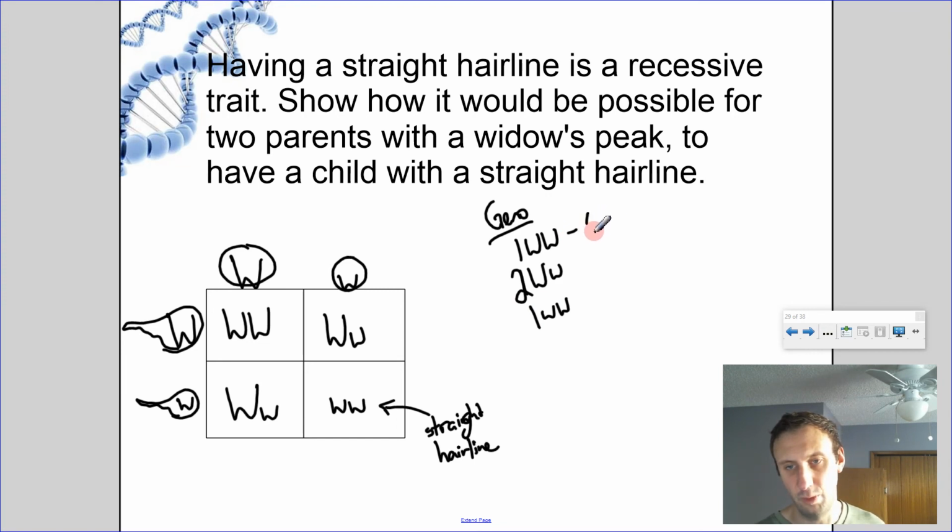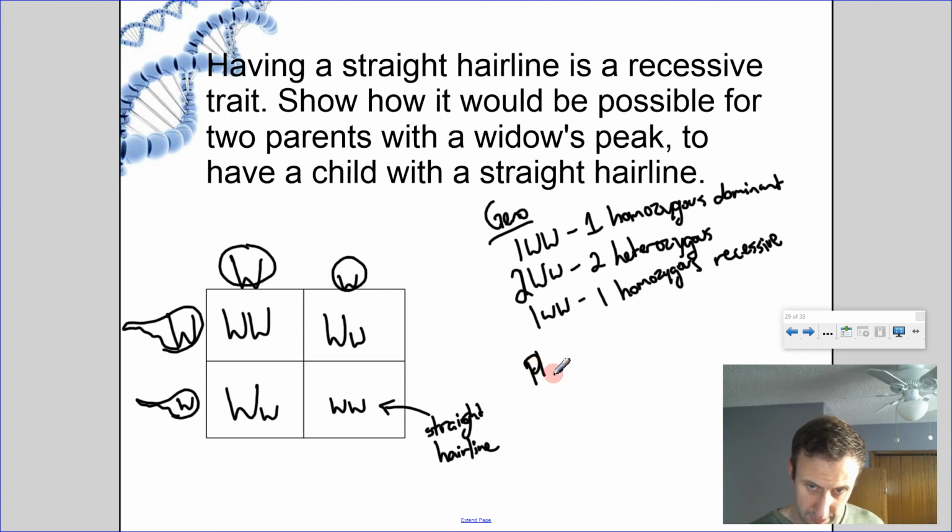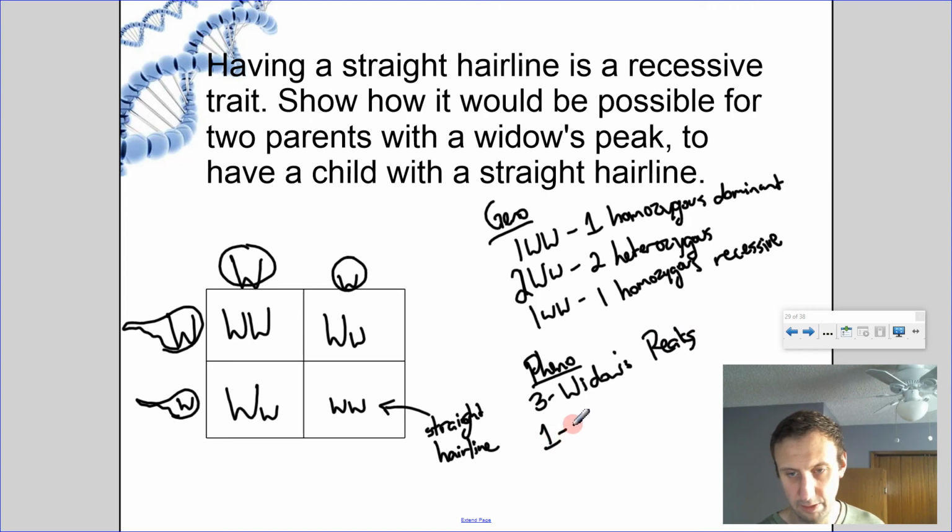So I have one homozygous dominant, two heterozygous, and one homozygous recessive. For phenotypes, that means that I have three widow's peaks and one with a straight hairline.